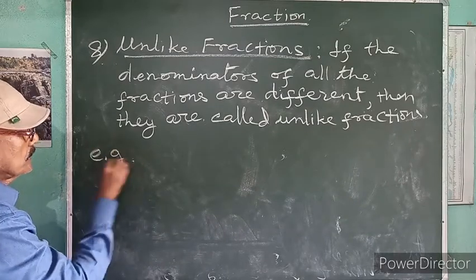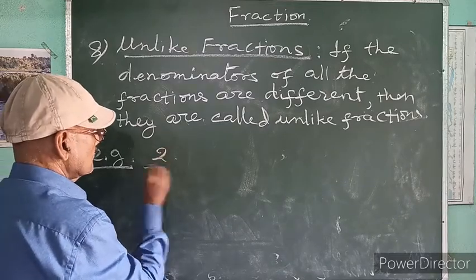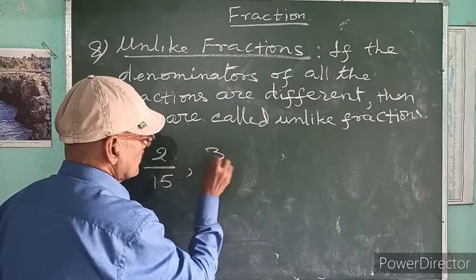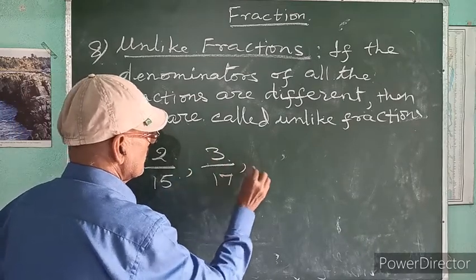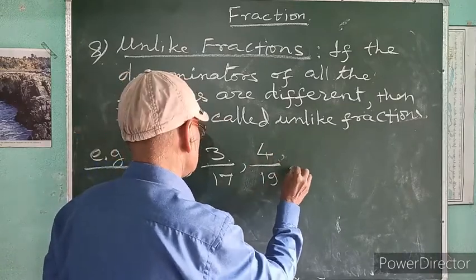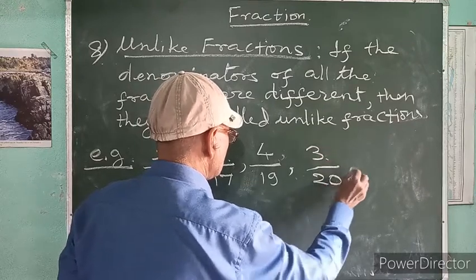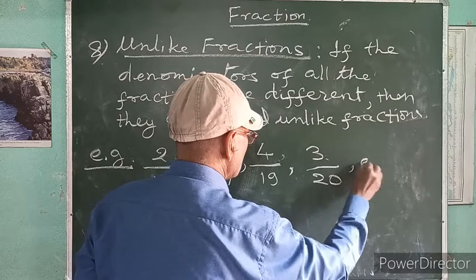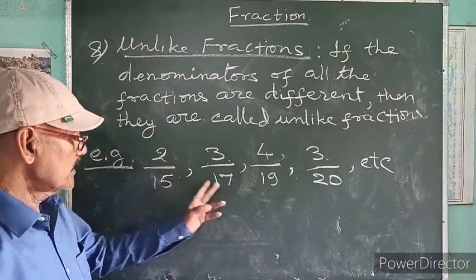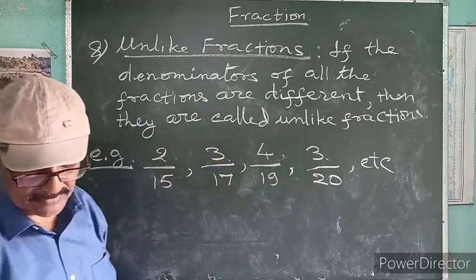Example: 2 by 15, 3 by 17, 4 by 19, 3 by 20, etc. See, the denominators are not same so they are unlike fractions.